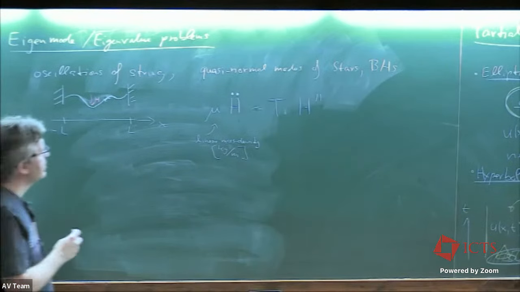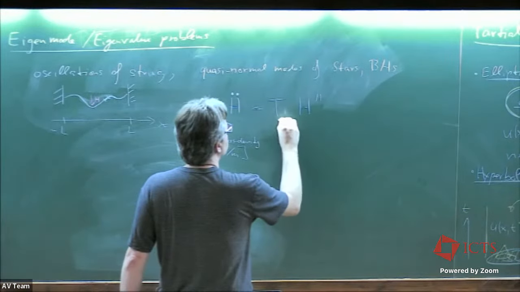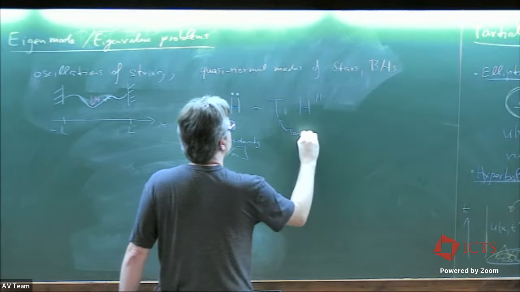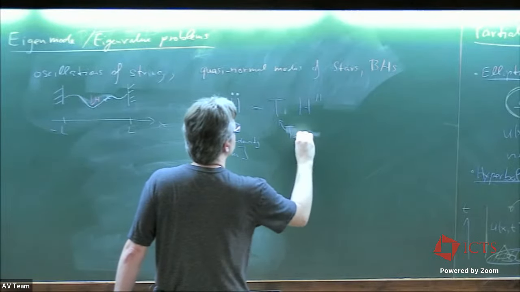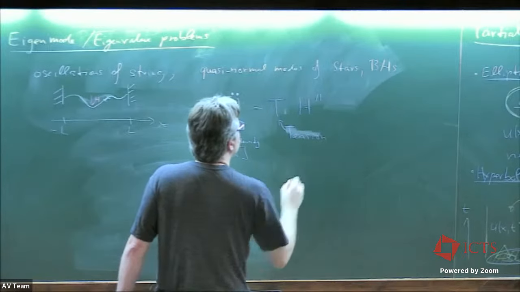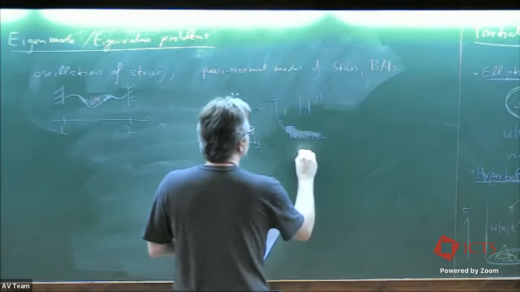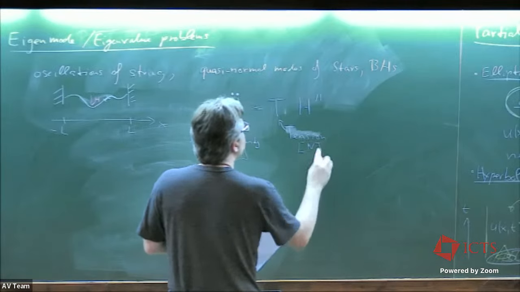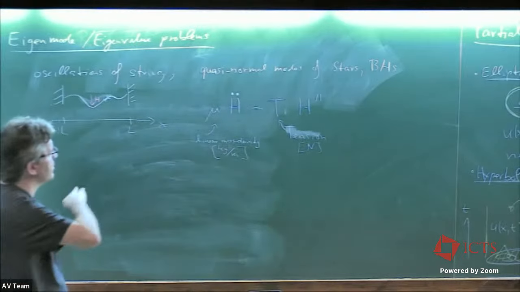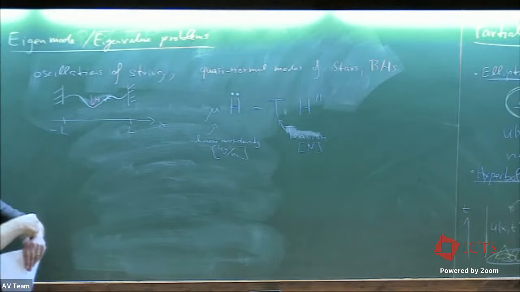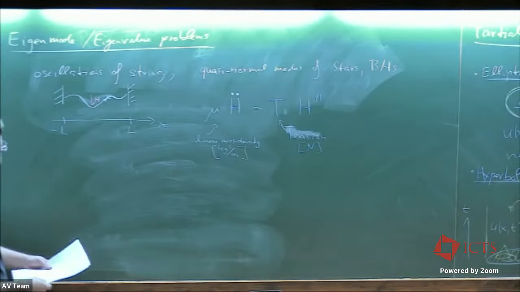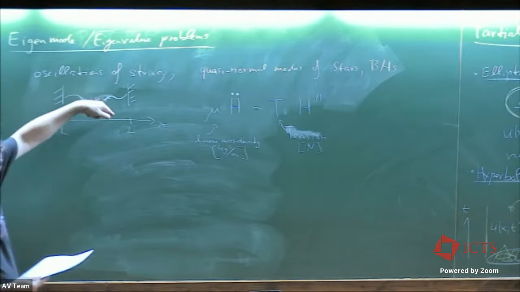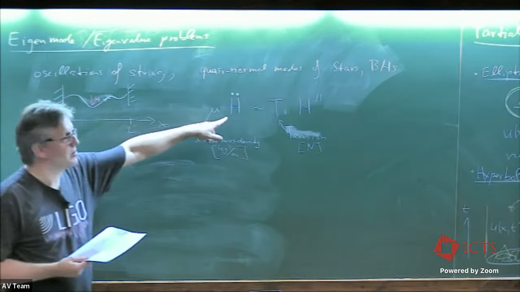And on the right-hand side, we have the string tension, given in newtons, times the curvature of the string. So the more tension you have on the string and the more strongly it is curved, the more it will try to come down again in the opposite direction, and it will accelerate the string itself.